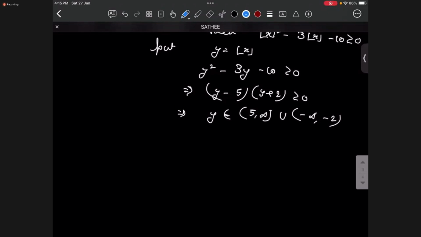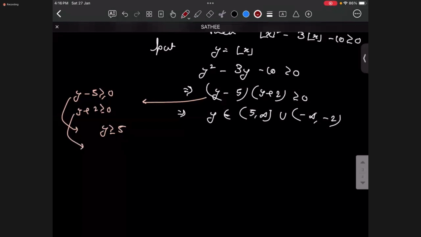Clearly you can see that from here, the product of two numbers is positive whenever both are positive. So we need y minus 5 greater than or equal to 0 and y plus 2 greater than or equal to 0. Now this implies y greater than or equal to 5, and this implies y greater than or equal to minus 2.